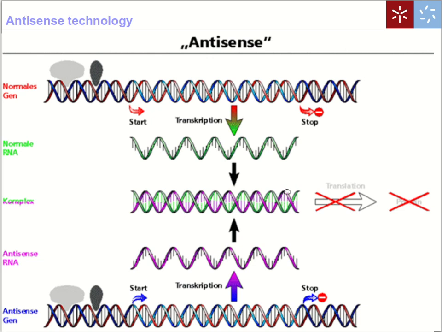These two molecules are complementary to each other, and if they combine this way they will not be translated, but they will be degraded, and in this case silencing of the gene, that there is no expression of this gene. This is an advantage of this technology.